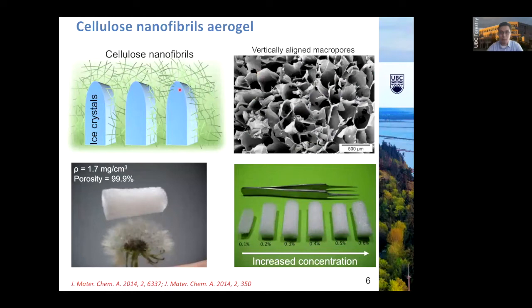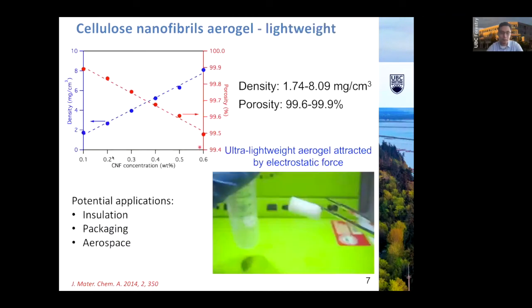After removing the ice crystal, we have this beautiful micron-sized honeycomb structure. We can make this very low density. For example, the density can be as low as 1.7 milligram per cubic centimeter, which is very close to air. The air density is about 1.3 milligram per cubic centimeter. This density can be easily changed by using a different concentration. And the porosity is very high, over 99.5%.